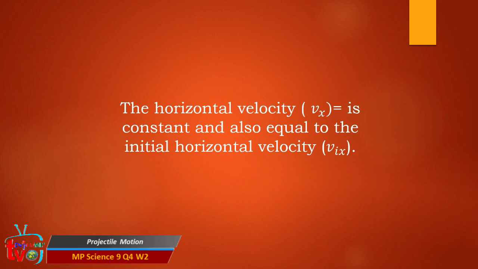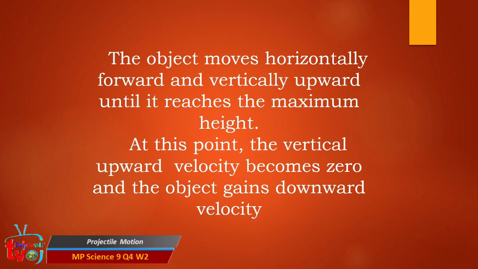Number 2, the horizontal velocity v sub x is constant and also equal to the initial velocity v sub i x. And the third one, the object moves horizontally forward and vertically upward until it reaches the maximum height. At this point, the vertical upward velocity becomes 0 and the object gains downward velocity.